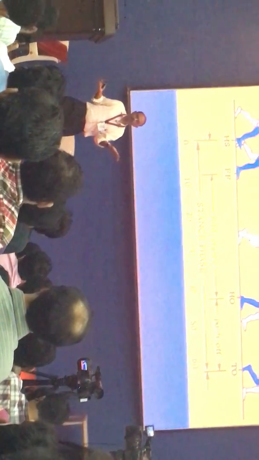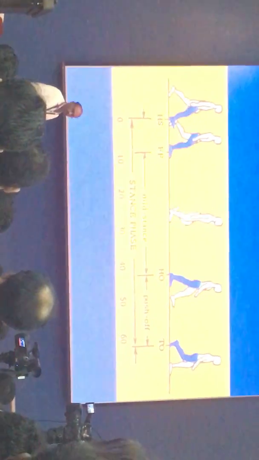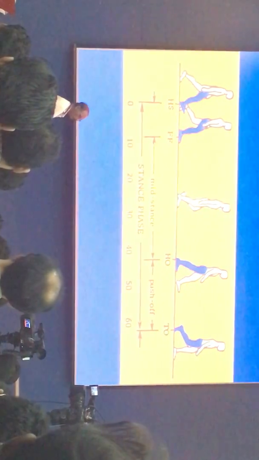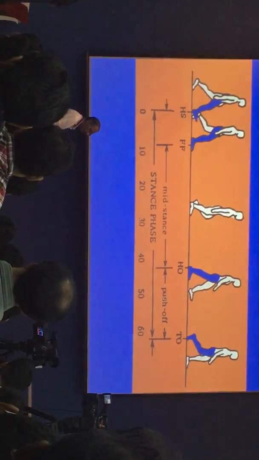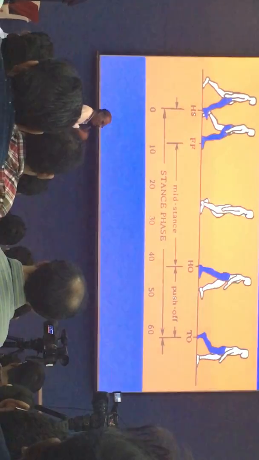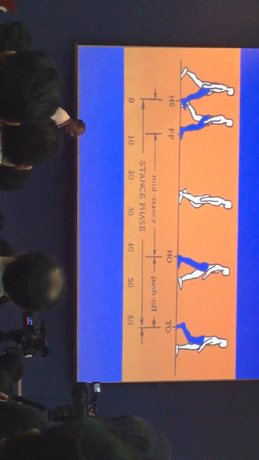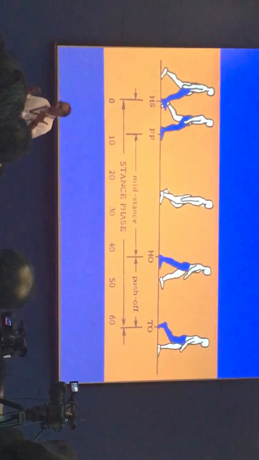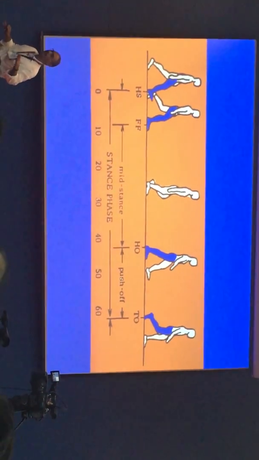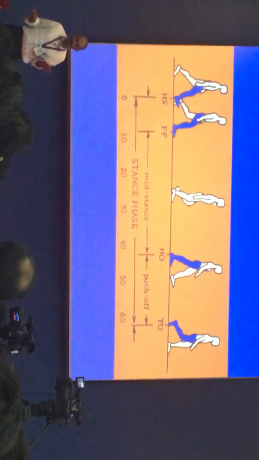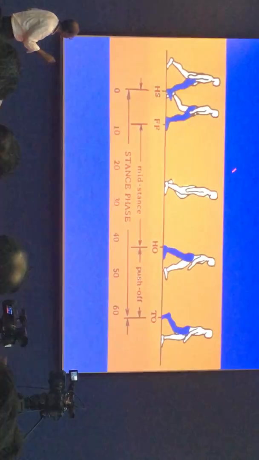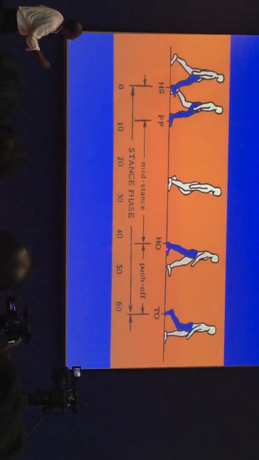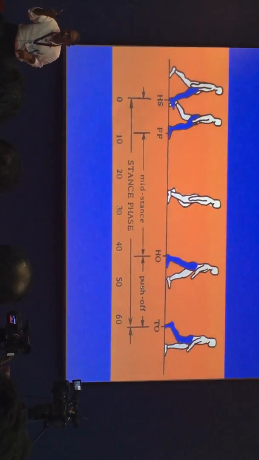What is the difference between foot flat and mid stance? In foot flat, load bearing is not coming onto your limb, and therefore the quadriceps does not have to come into play. So in foot flat there is no load bearing and the quadriceps does not need to function. That's the important difference between foot flat and mid stance. Throughout mid stance, your quadriceps has to be active.